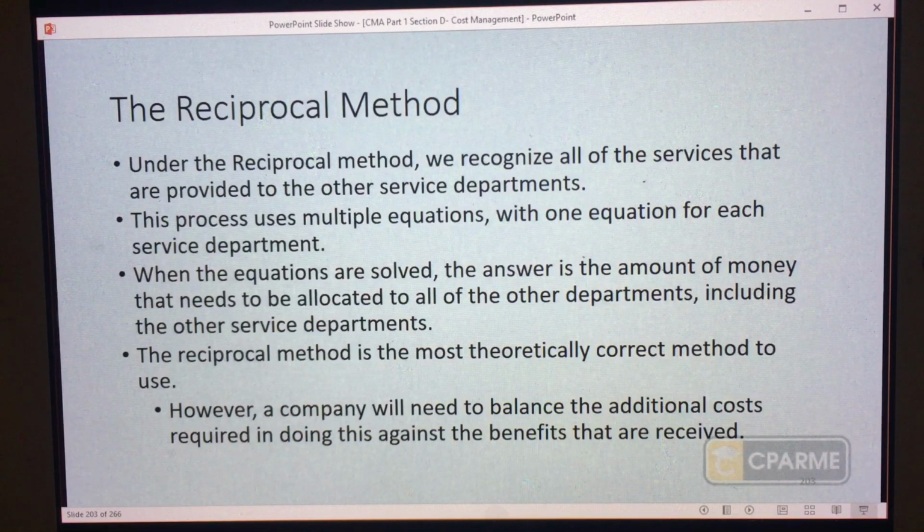Once we have supplied yung ating information with these equations, then the answer is how much you will allocate to all of the other departments, including other service departments. Theoretically, this is the correct method kasi nga your service departments will service each other really. However, a company will need to balance this additional cost required in doing this against the benefits that are received.